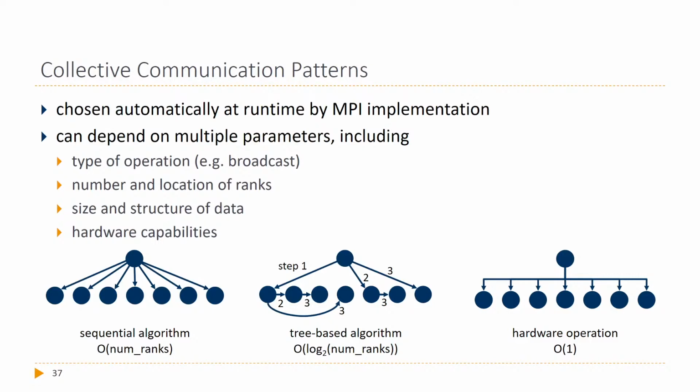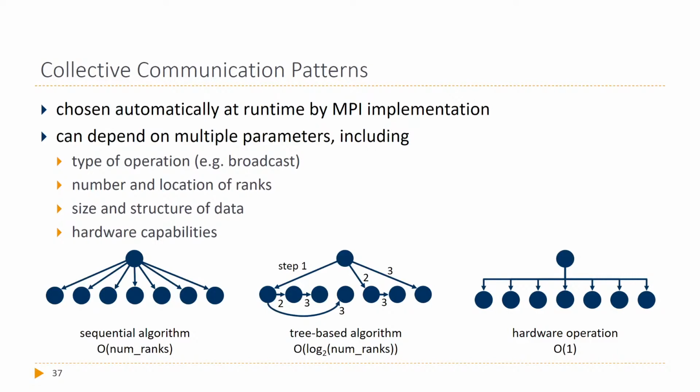It can depend on what operation you do, whether it's a broadcast, a scatter, a gather, an all-scatter, and so on. I have some other examples later, but only enumerating, not explaining them. It can be the number of ranks that you have. It can even be the location of ranks. If the MPI runtime system knows where the ranks are located in the network topology, it might try to do things differently.